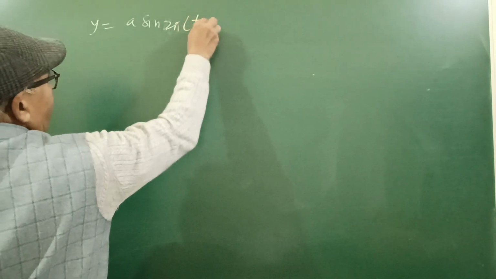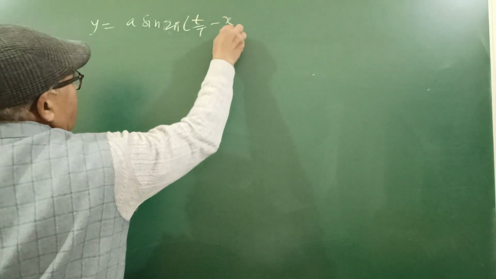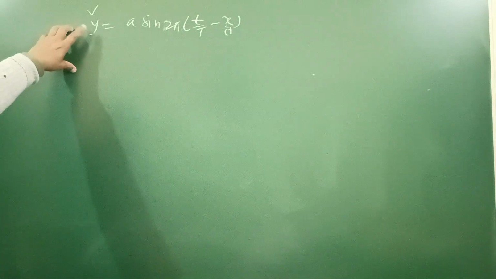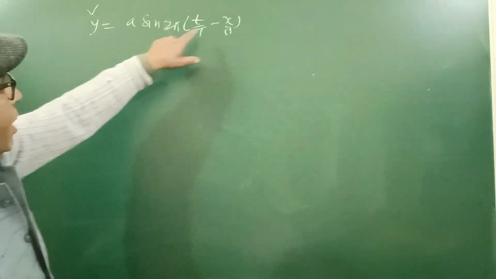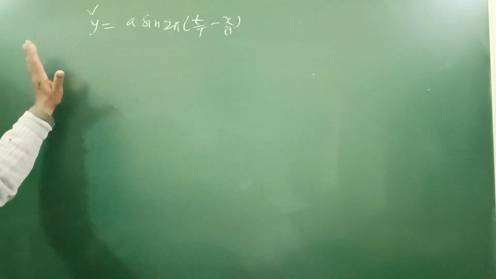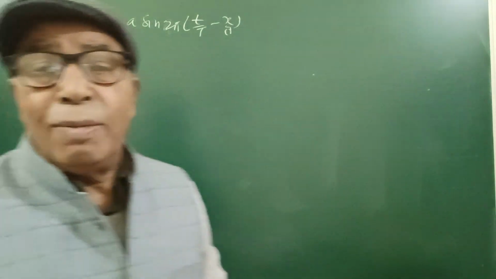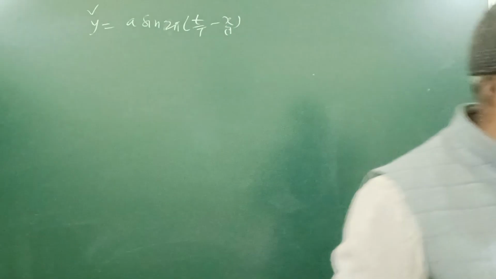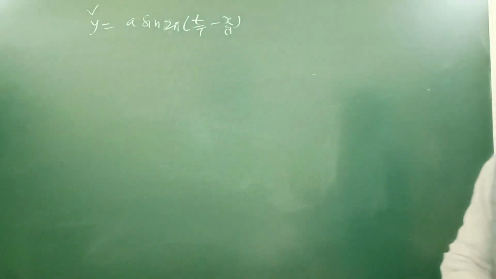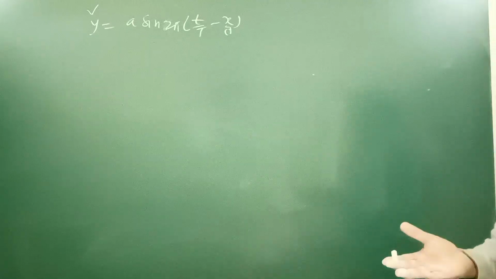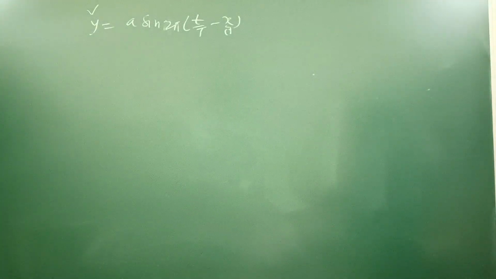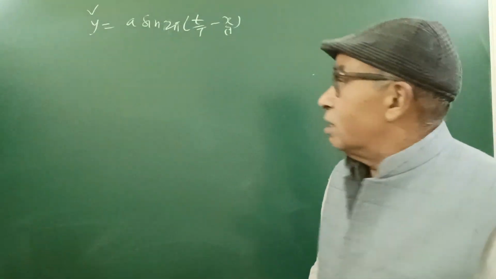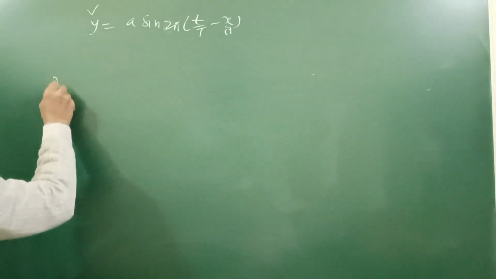t upon T minus x upon lambda. So there is displacement, because position y will be changing with time t and distance, and change of position with respect to time is called velocity. In class 11 I define velocity very particularly as the change in position vector per unit time. I don't say velocity is the speed in a particular direction. So here velocity I write as u.